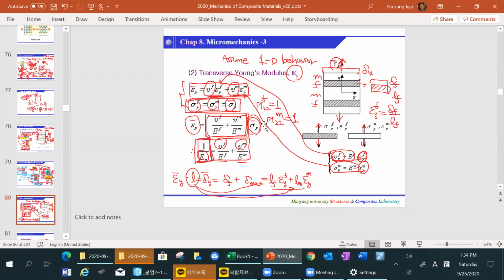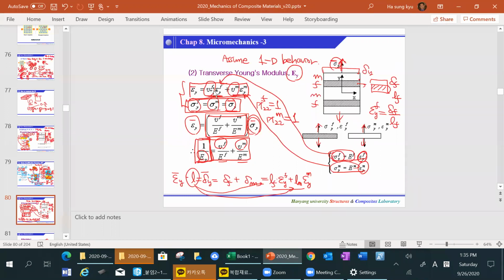And in this case, the stress amplification factor is very simple because we assume sigma Y of the fiber and sigma Y of the matrix are the same as the unidirectional sigma Y. So when this is subject to a transverse direction, all the stresses will just be transmitted and will be the same as the sigma Y, okay?